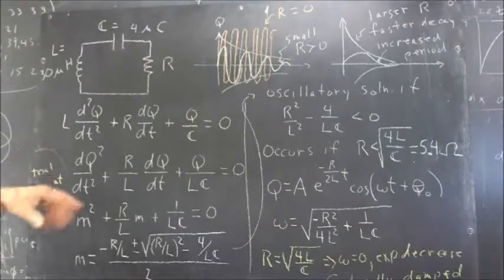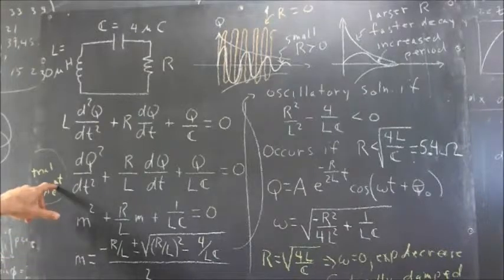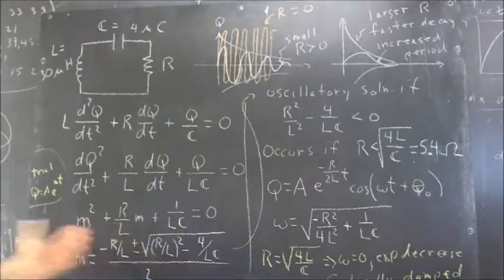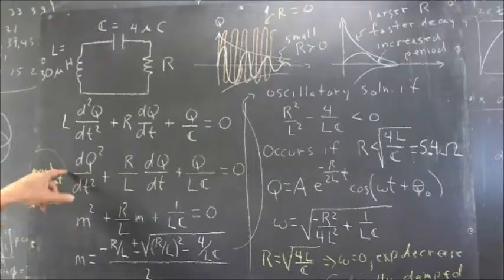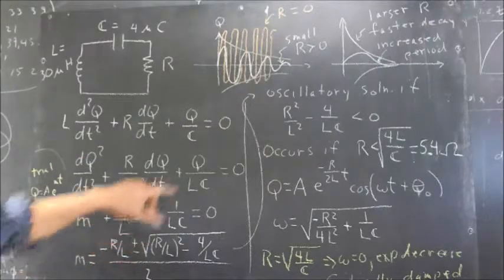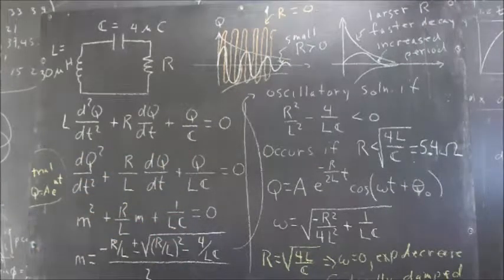I think at the WCC campus we are using r, but it doesn't matter. This is very straightforward, and something you should be very familiar with at this point. Our characteristic equation is going to be m squared plus R over L times m plus 1 over LC equals 0, with the solution written down very straightforwardly with the quadratic formula.